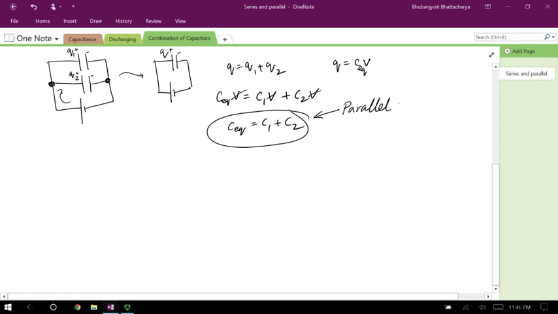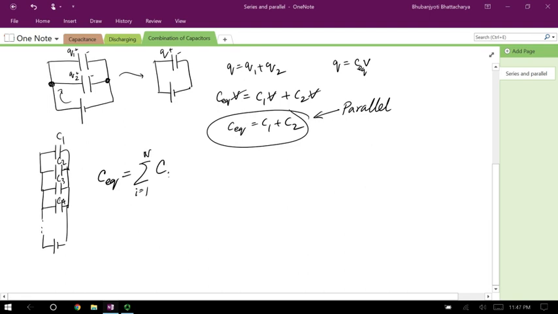Okay, now if I had more than two capacitors in parallel, if I had a circuit which had 2, 3, 4, or even more capacitors in parallel to a battery, so C1, C2, C3, C4 if you like, and it goes on, then C equivalent for that parallel circuit is the sum from i equals 1 through n of Ci, where n is the number of capacitors in parallel.